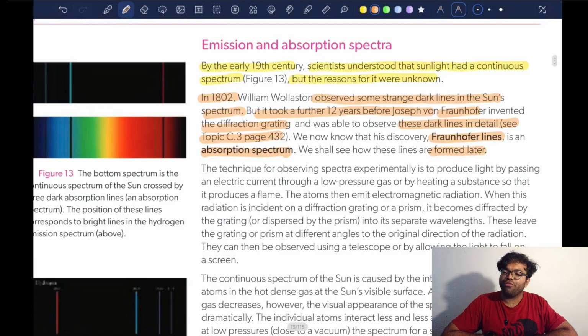Different radiations have different amounts of energies. Now, there are some electrons present inside the atom which are looking for certain energy levels.